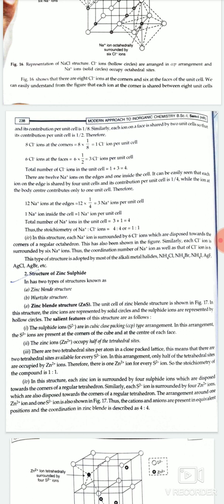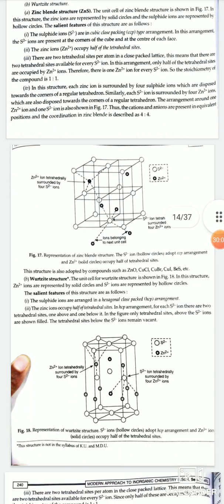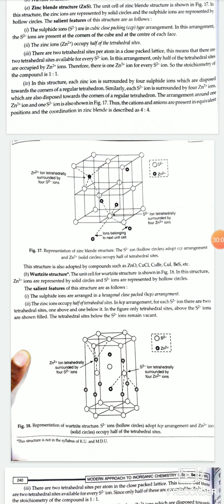Thus, the cations and anions are present in equivalent positions, and the coordination in zinc blende is described as 4:4. This structure is also adopted by compounds such as ZnO, CuCl, CuBr, CuI, and BeS, etc.